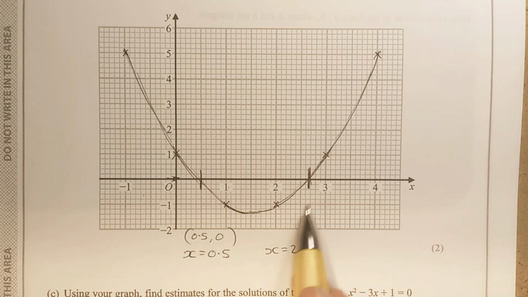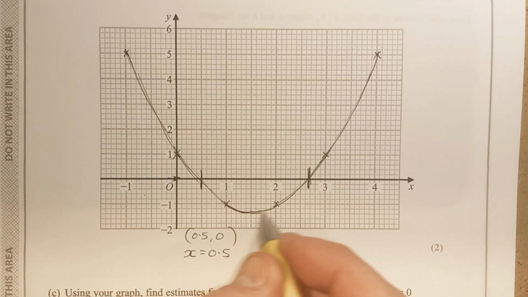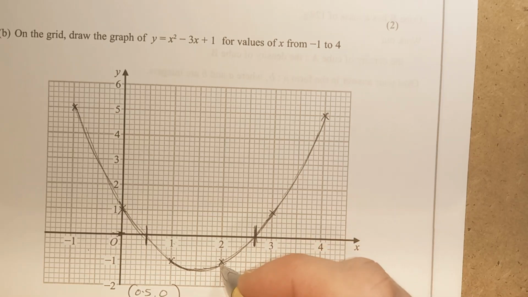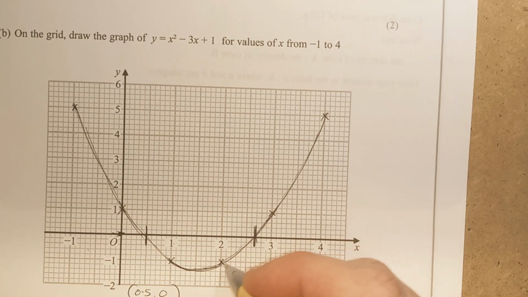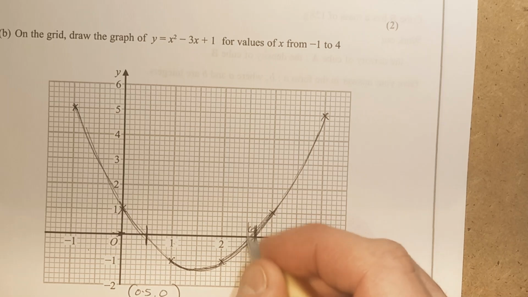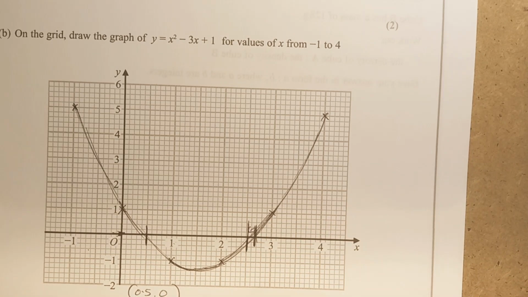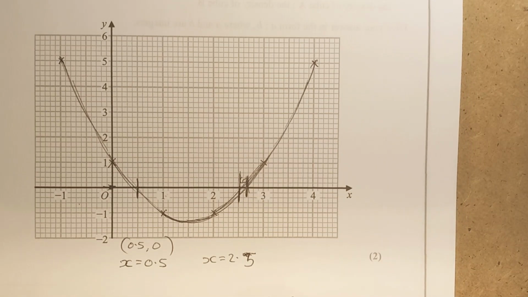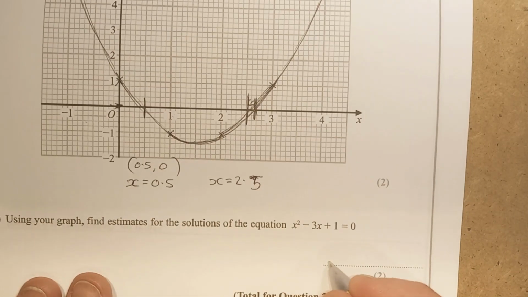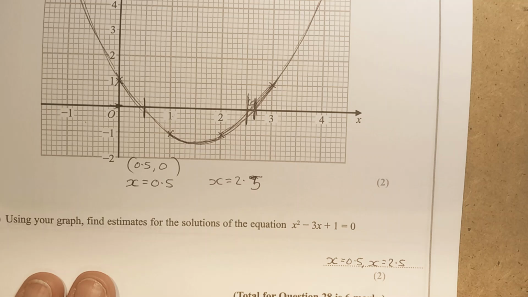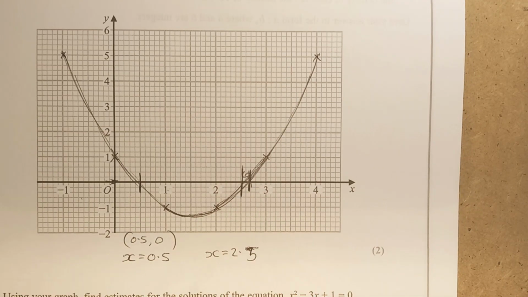But really, I know that this is symmetrical, so I'd probably try and work out which of my sides looks better, and so this should probably be a bit steeper. So I'd probably bring this line over a bit, say it's more like that, and we'll say x is 2.5 instead. So we can put x equals 0.5, x equals 2.5. They will allow you to be within a certain tolerance, because it is just a freehand sketch as well.